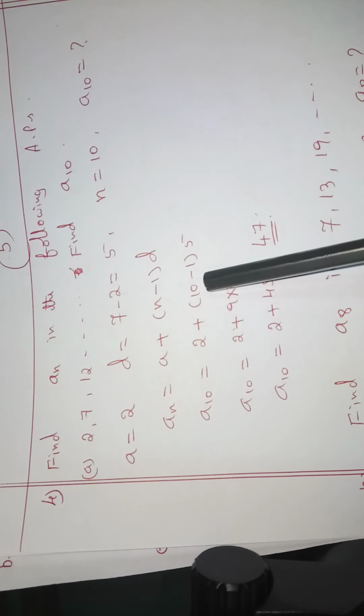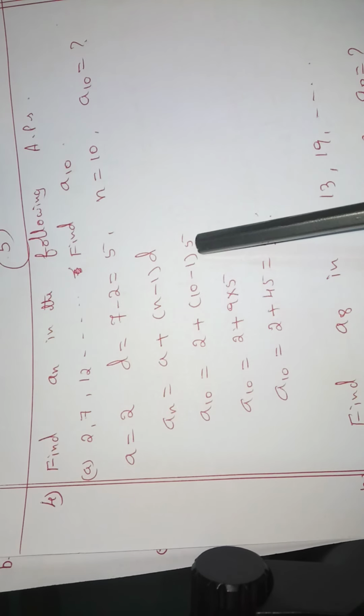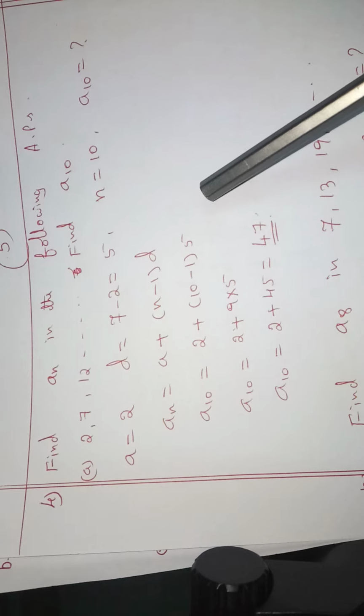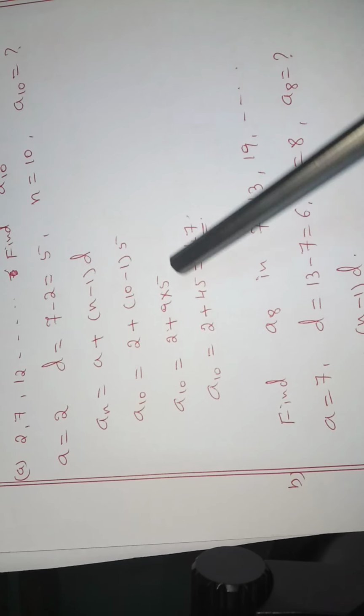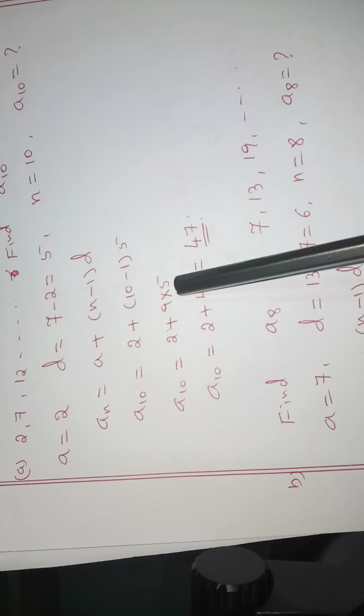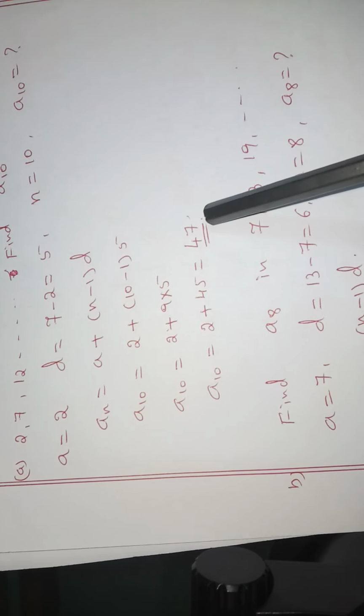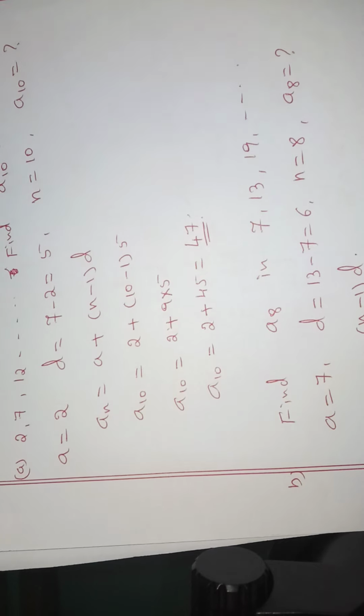In place of N, 10. In place of D, 5. Use bracket. A10 is equal to 2 plus 9 into 5. A10 is equal to 2 plus 45 is equal to 47.